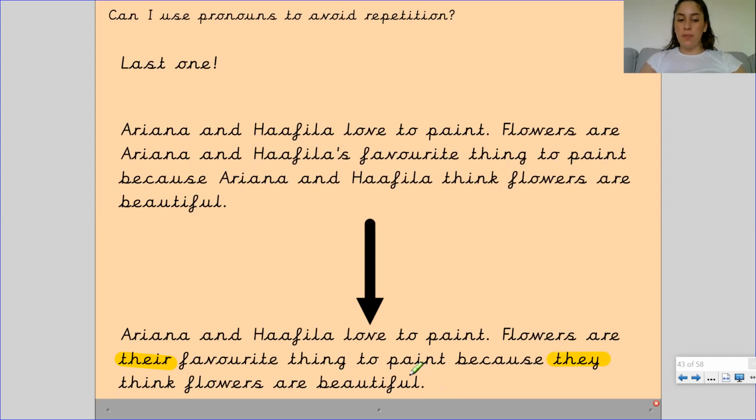If we were to replace the second flowers with they, I think it might make the sentence a bit confusing. Ariana and Hafila love to paint. Flowers are their favorite thing to paint because they think they are beautiful. It might make the meaning of the sentence a little bit confusing, and actually it doesn't sound too bad to have flowers repeated twice. So we're going to leave that the same.